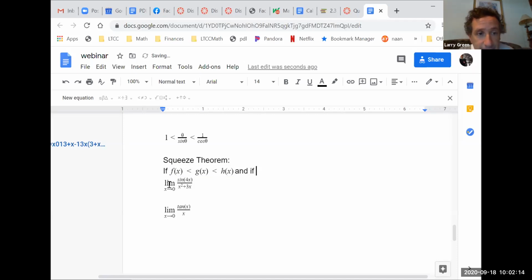And if the limit as x approaches c of f of x is equal to the limit as x approaches c of h of x.